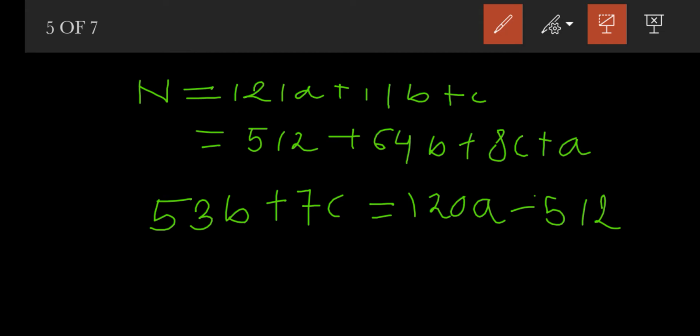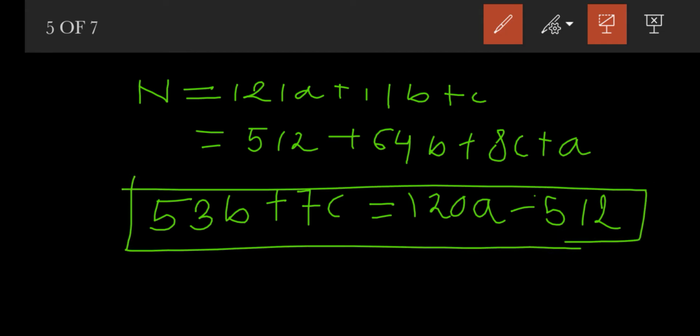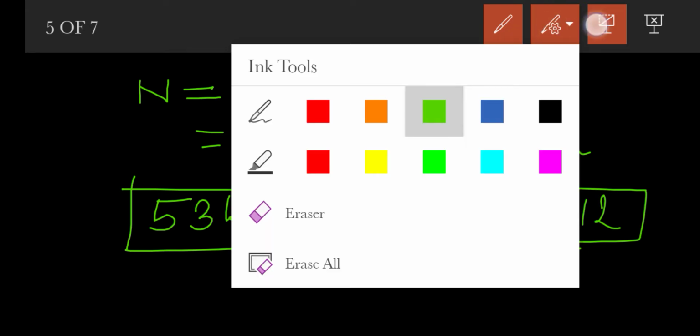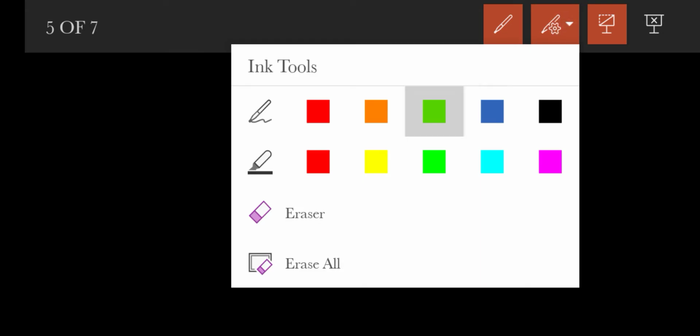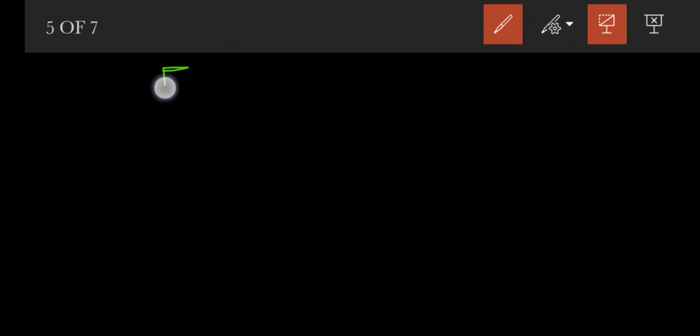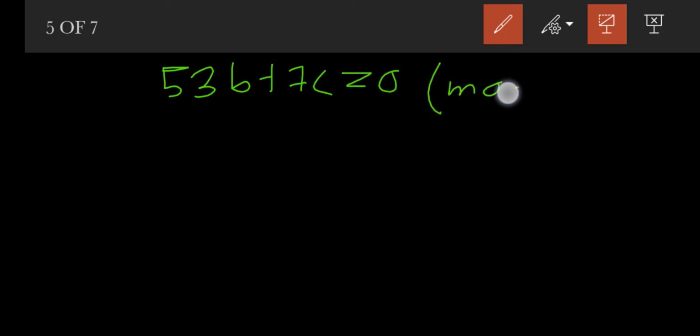That is pretty easy. You can see that the right-hand side of this equation is divisible by 8, so we have to find b and c such that 53b plus 7c is congruent to 0 modulo 8.